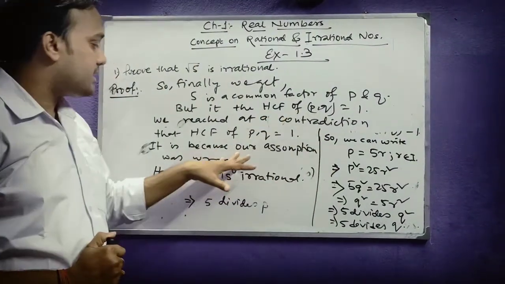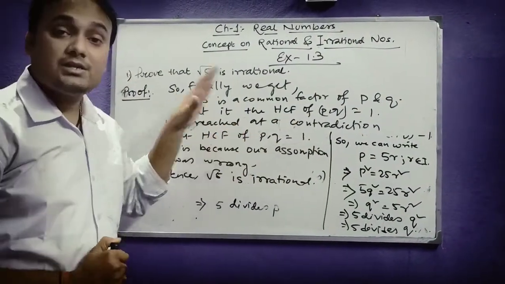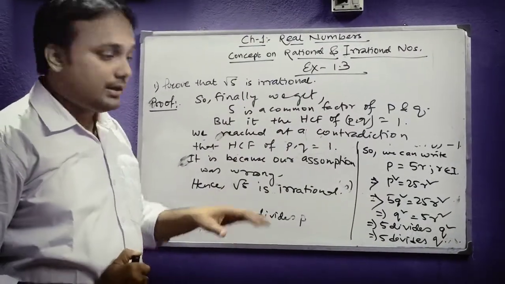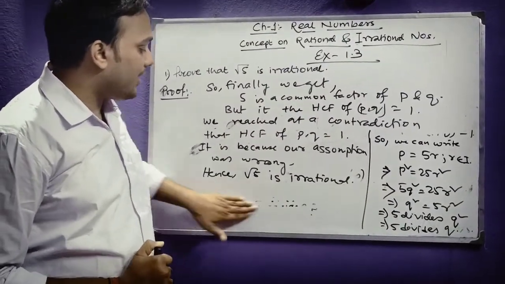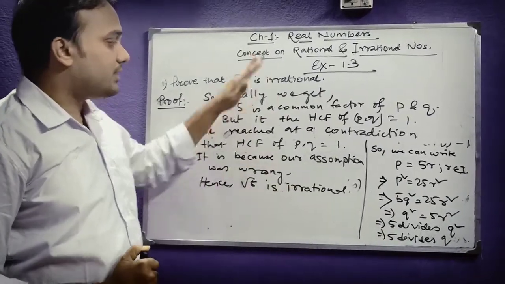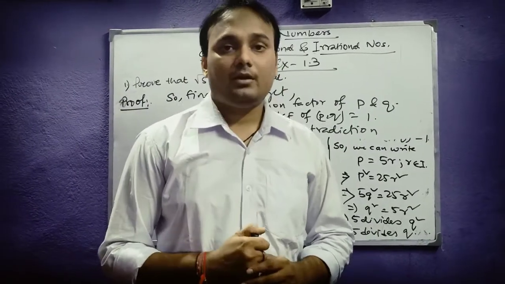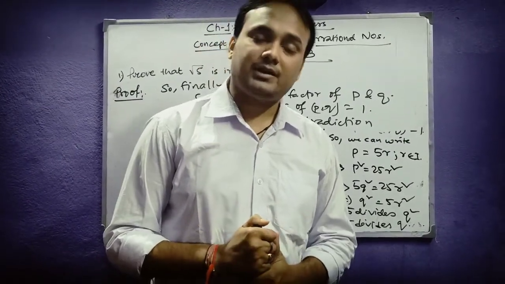So we reached the contradiction because our assumption that root 5 is rational was wrong. Hence finally we conclude that root 5 is irrational. So this is the general way of proving any irrational number as irrational. Now let us move on to our question number 2.